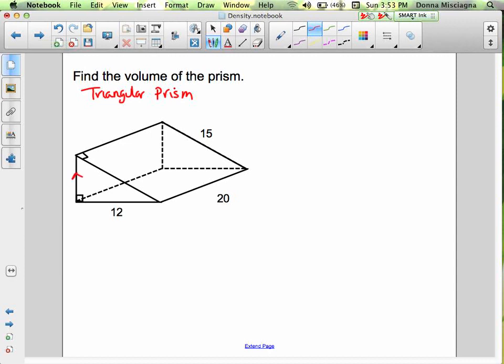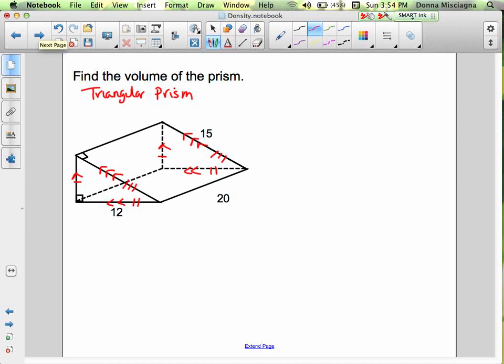So these two are parallel and would be the same length. And these two are parallel and would be the same length. And these two are parallel and are the same length.